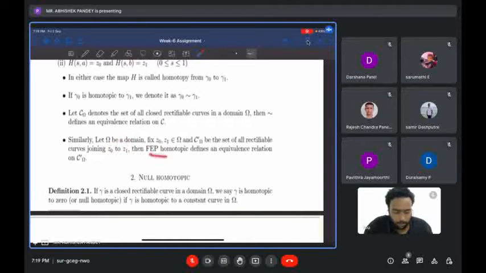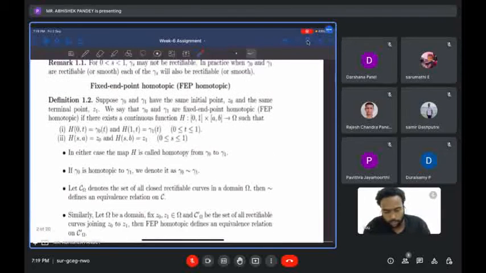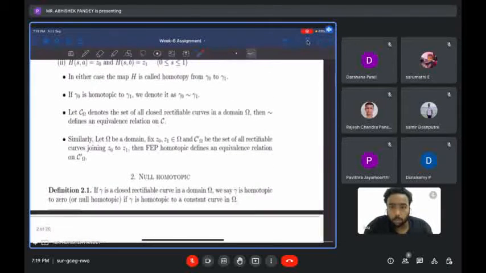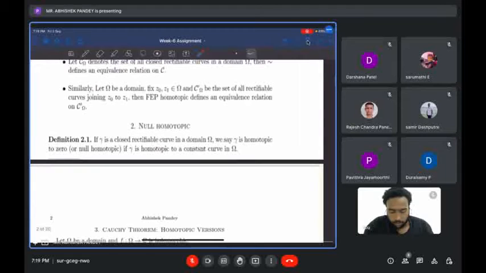Then FEP homotopic, FEP meaning fixed endpoint, defines an equivalence relation on this one. Now null homotopic. A closed rectifiable curve gamma in a domain omega is homotopic to 0, also called null homotopic, if gamma is homotopic to a constant curve in omega. Just remember this.